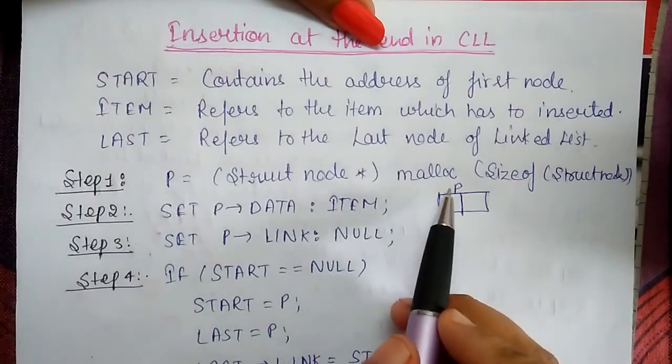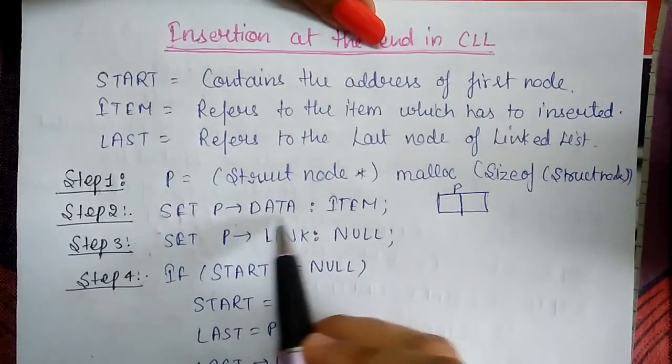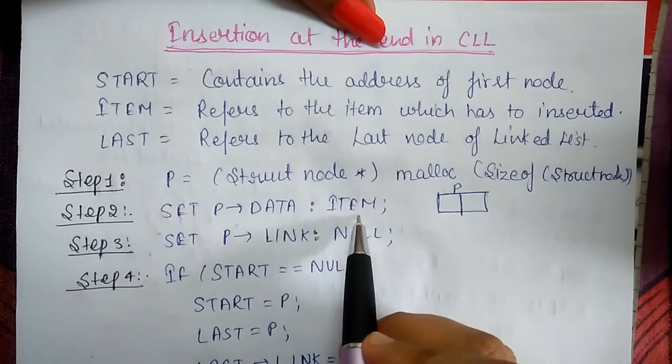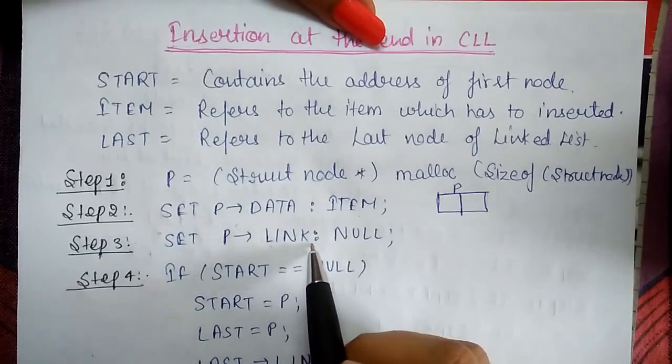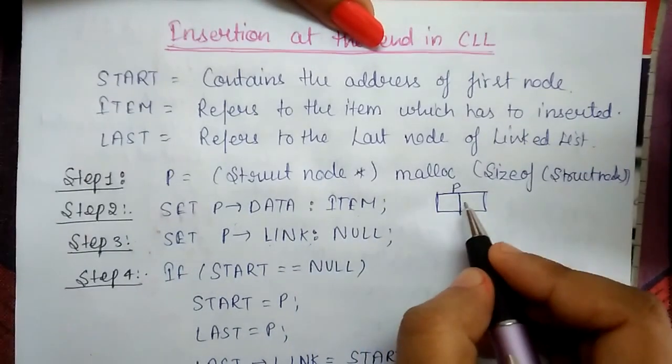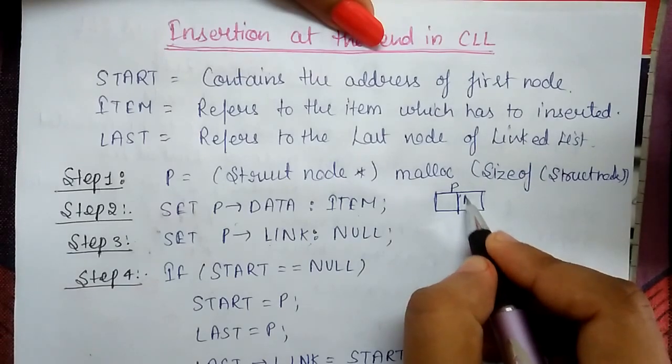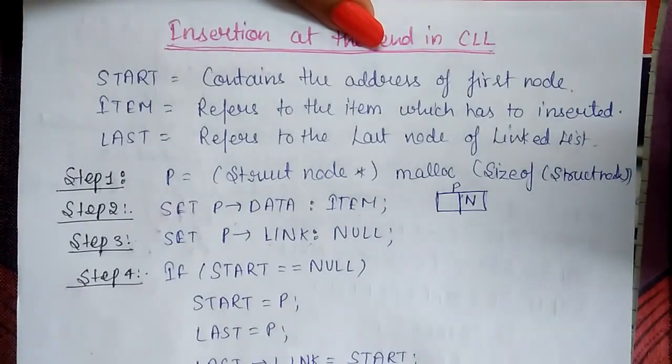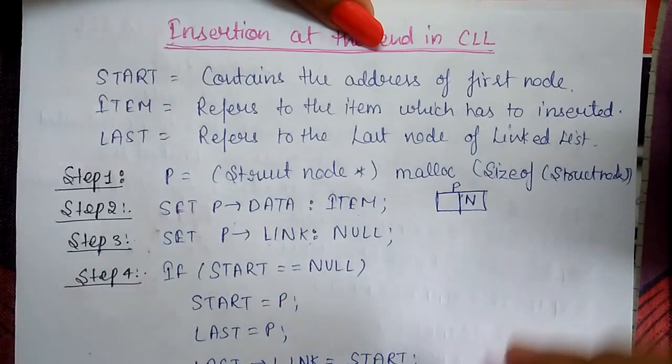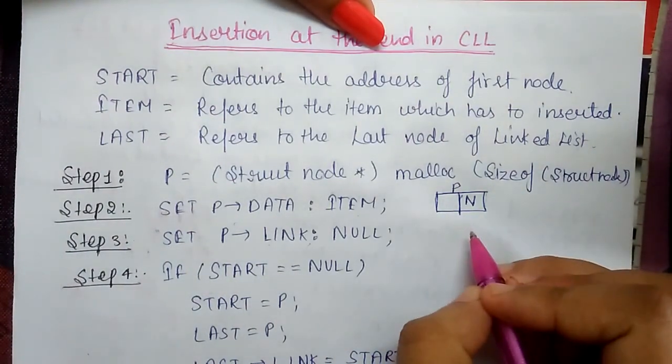In the P data part I am assigning the value item, and in the P link part I am assigning null, because whenever I create one node, I put null into the link field.